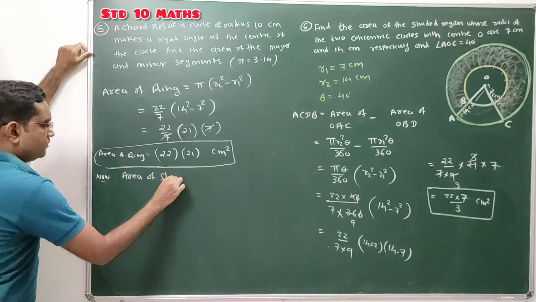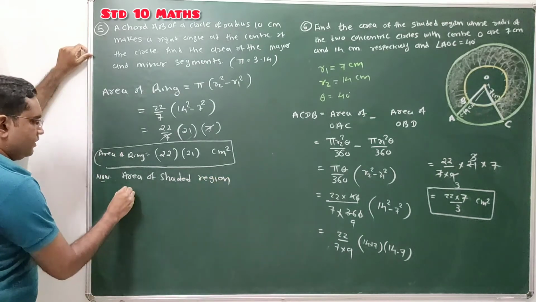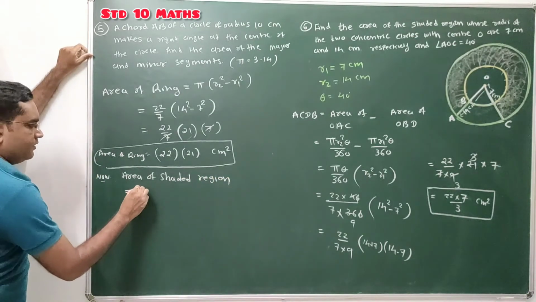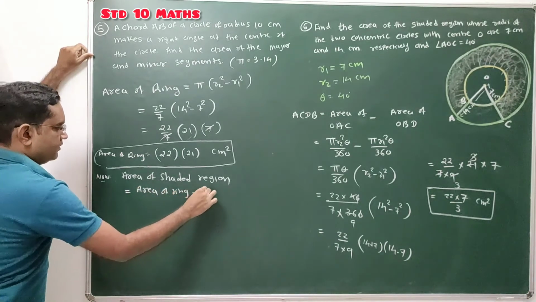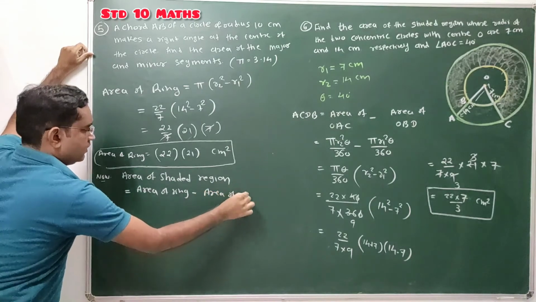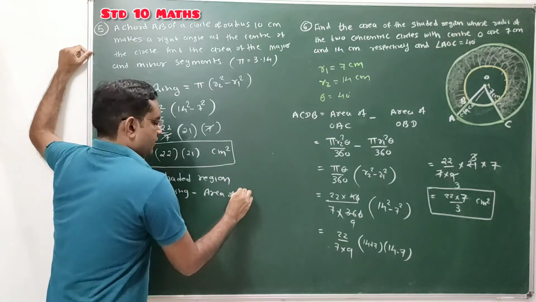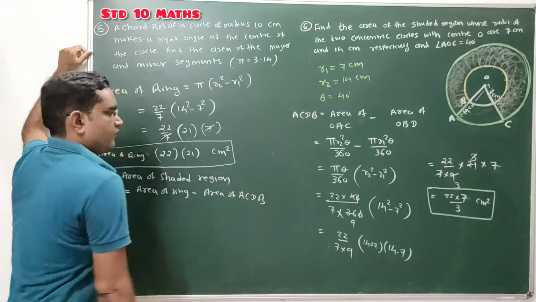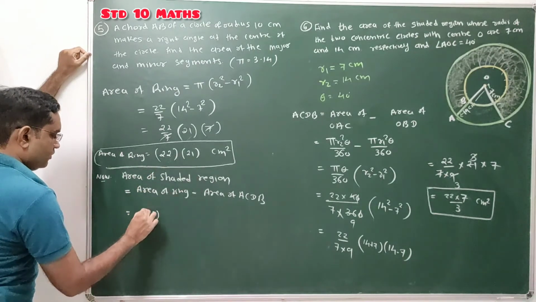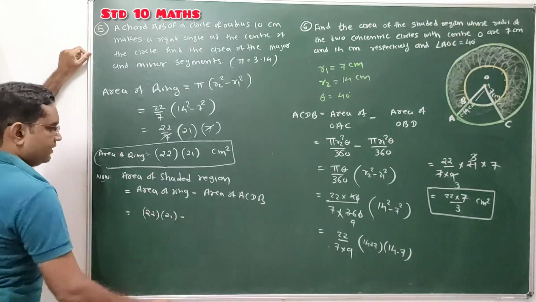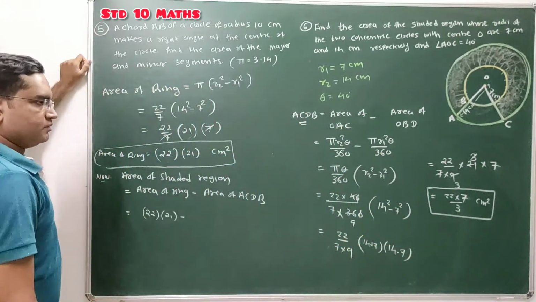Area of the shaded region is equal to area of the ring minus area of ACDB. Our area of the ring is this one, 22 into 21, minus area of ACDB. Area of ACDB is this one, 22 into 7 upon 3.